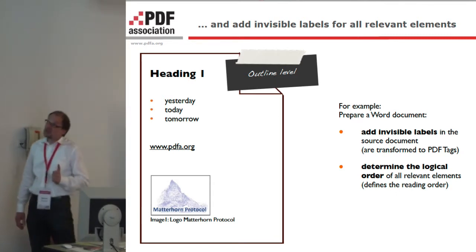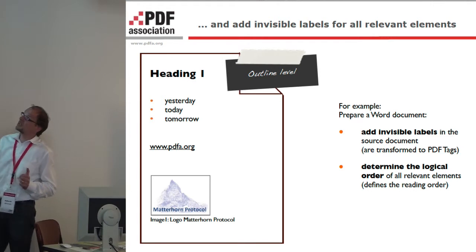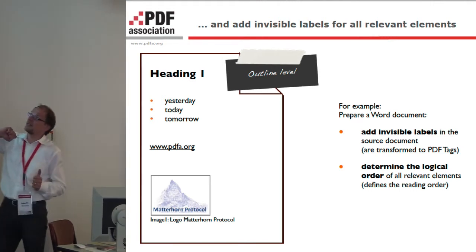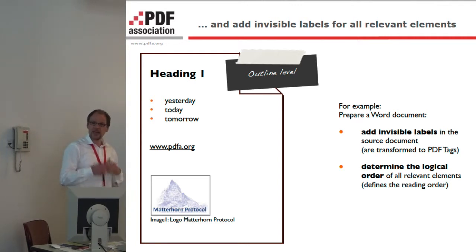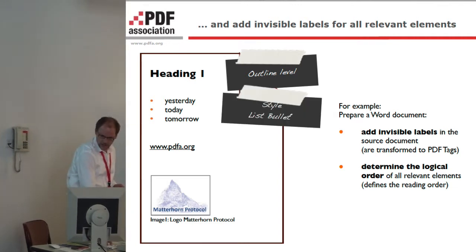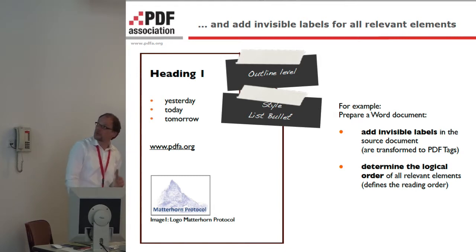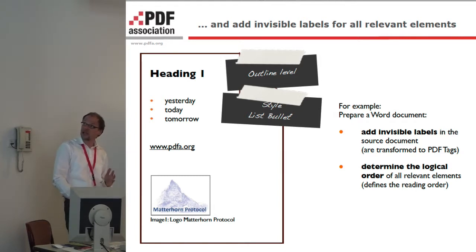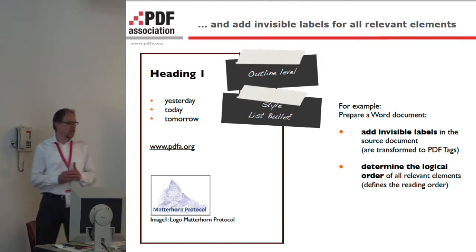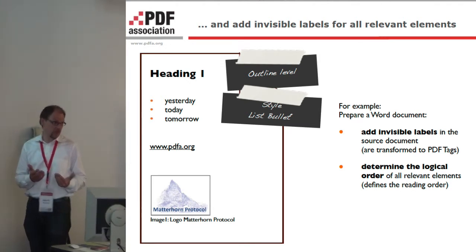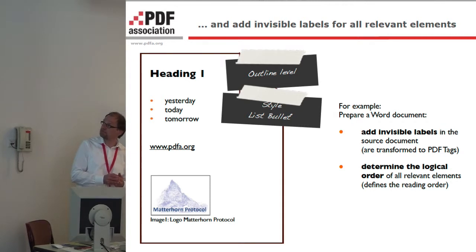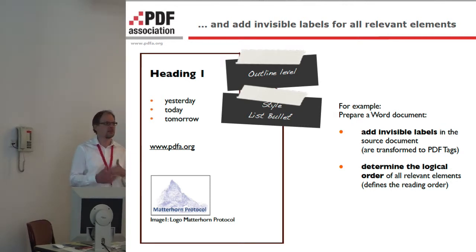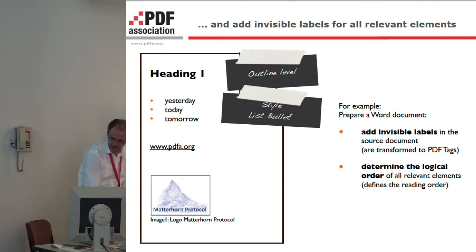You use styles, and it's the information of the outline level. The outline level determines the heading level. And for a list, you can use, for example, the style list bullet. It's an inbuilt style in Word itself. And if you use built-in styles, it's always the best way to create accessible PDFs.